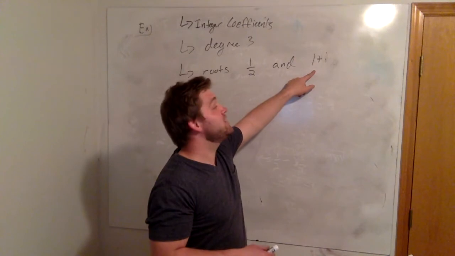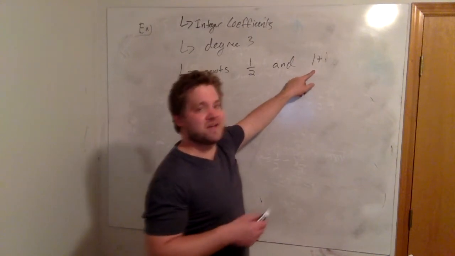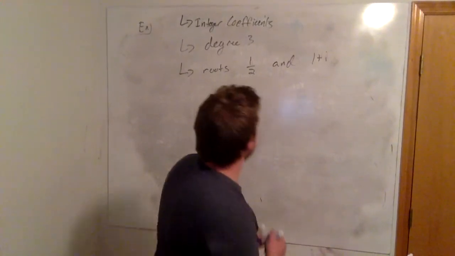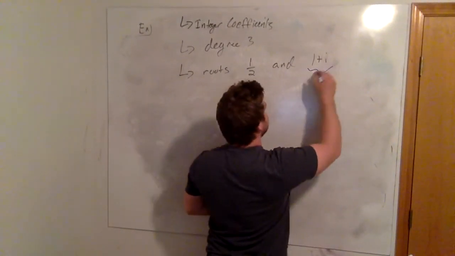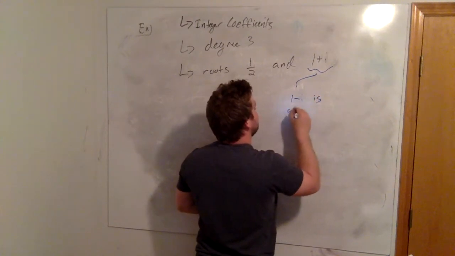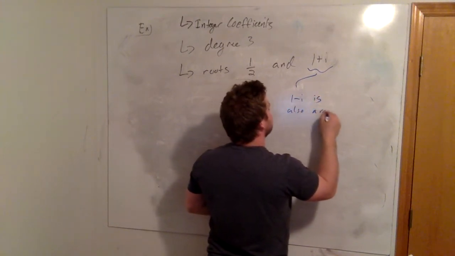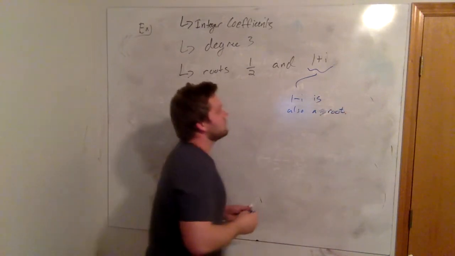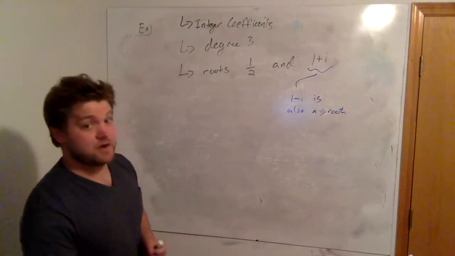Its conjugate tags along. So just with this information, I already know what the other root is. If 1 plus i is a root, 1 minus i is also a root. The complex roots come in conjugate pairs.